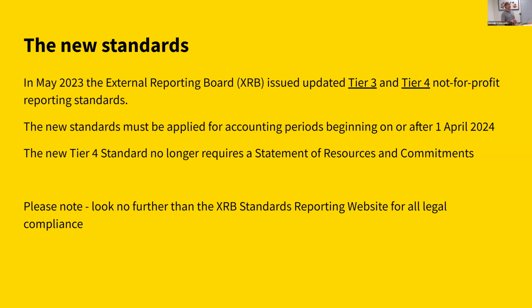This is a really great place to check legal compliance and just to tick off some of the requirements. If you are unsure about certain aspects of your performance report, they have really great exemplars as well. You can use to base your performance report on, or just to clarify issues. And as I've said before, if you're still confused, please do come and talk to us at the DCA.